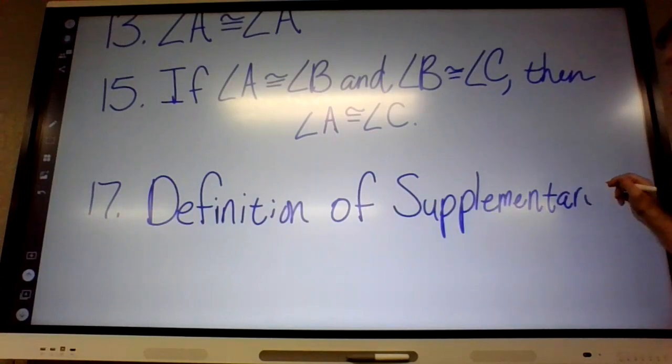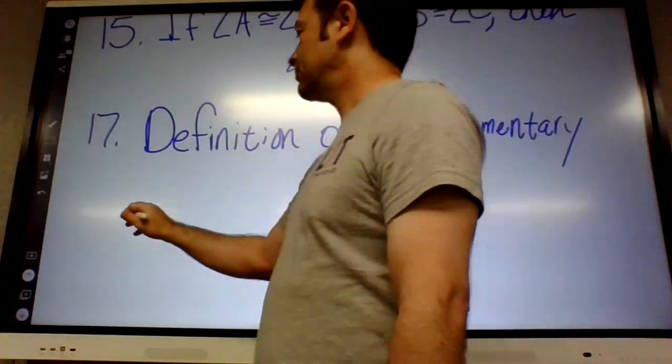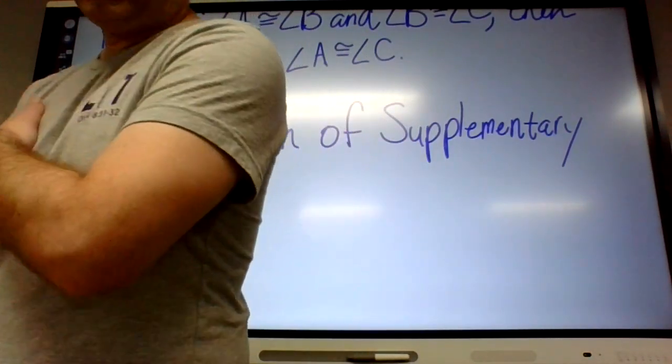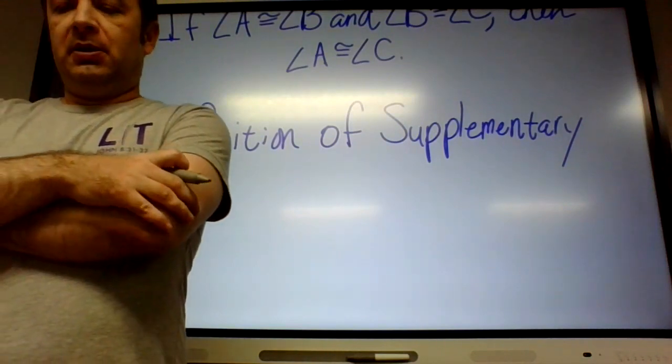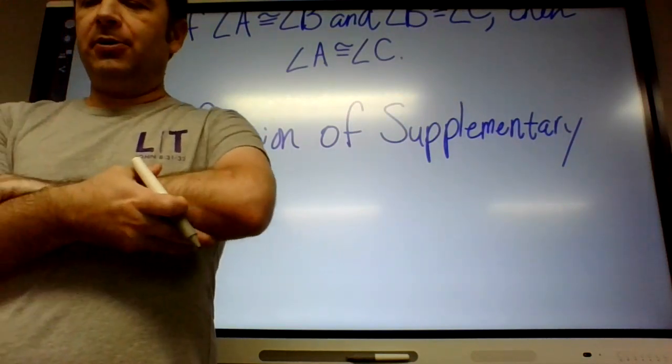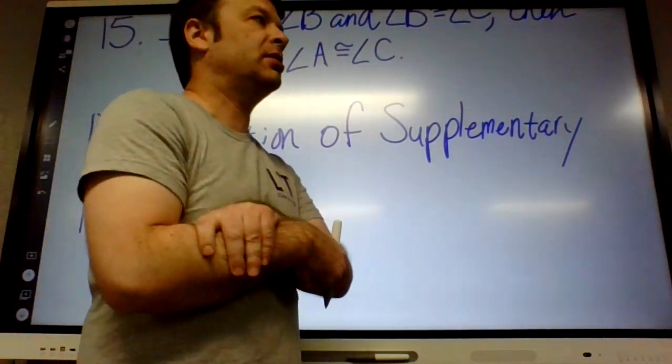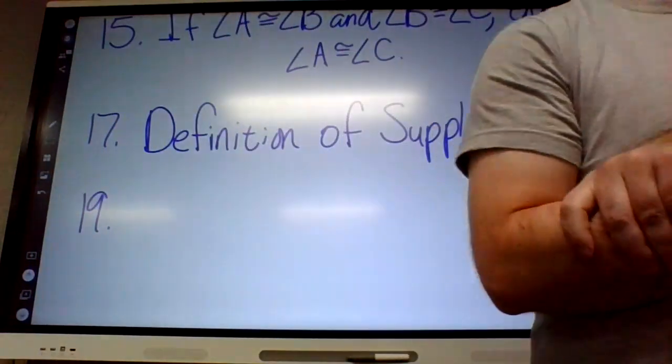There are a couple things that are old, but most of it's new. Number 19. If angle X and angle Y make a linear pair, then angle X and Y are supplementary.